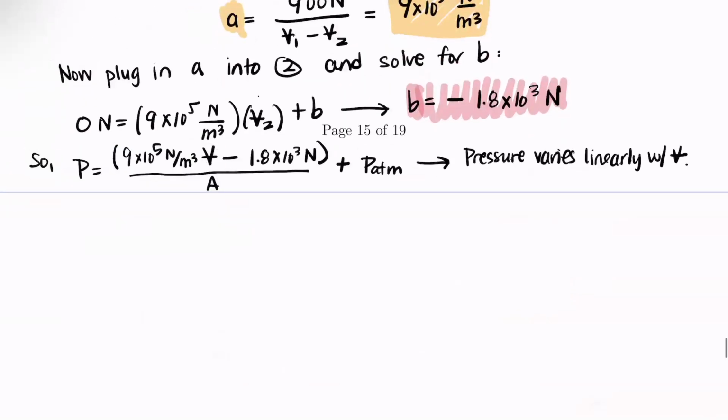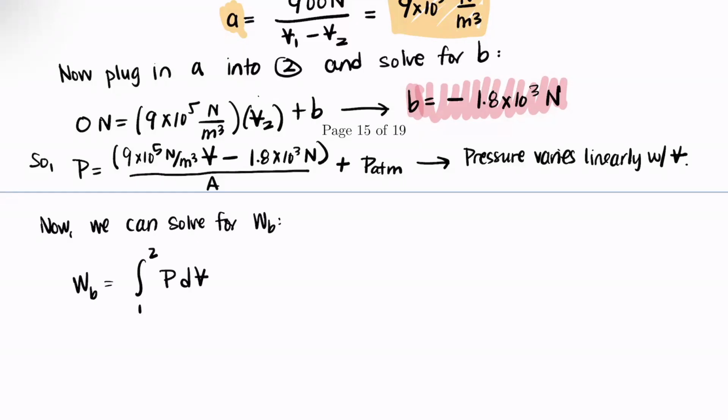Okay. So now we can solve for the boundary work. We are now ready to solve for WB. Okay, so WB is the integral from state 1 to state 2 of pressure times dV, which is the integral from V1 to V2 times our equation.